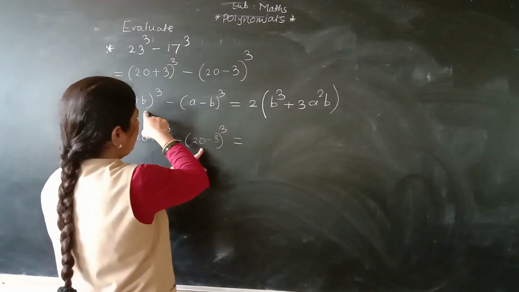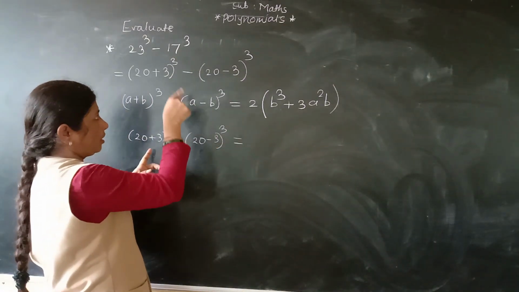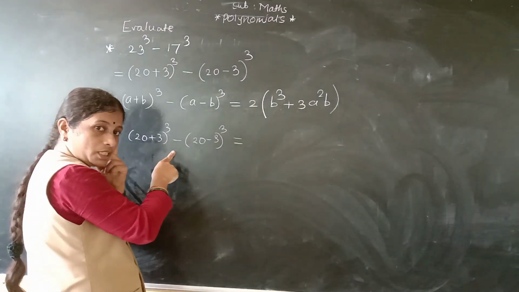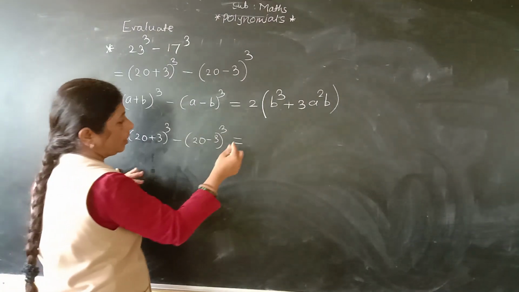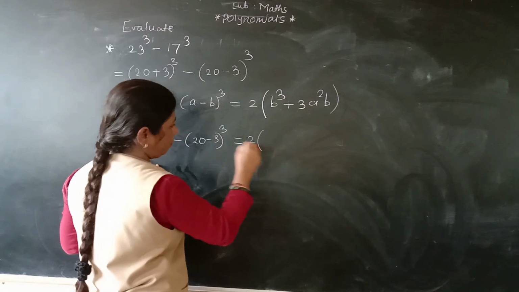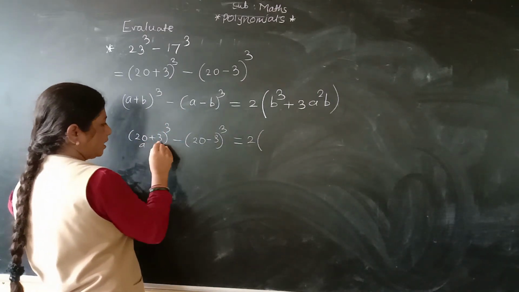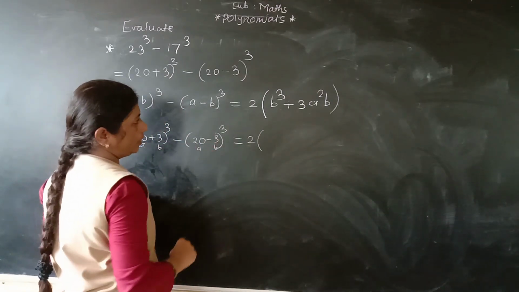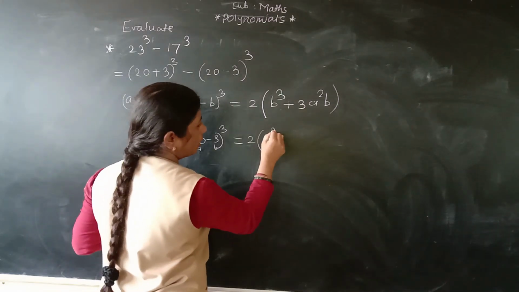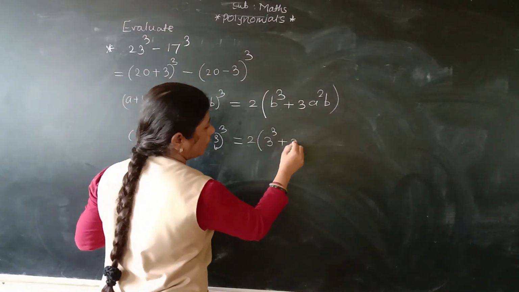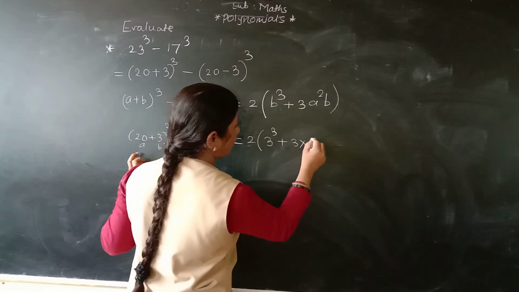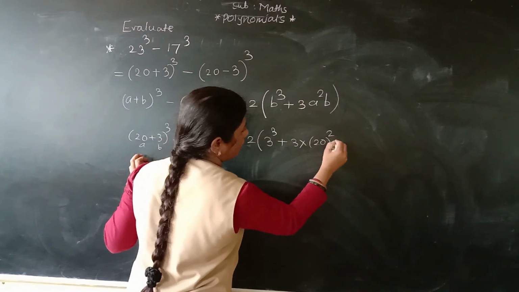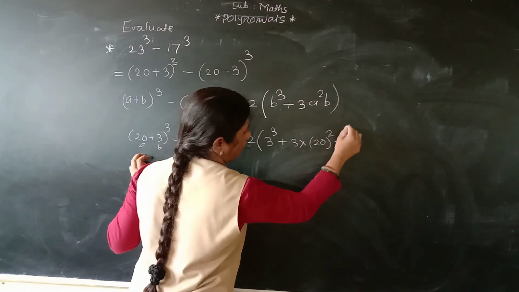Okay. So here we have brought this form number into this form. Then here 2 in bracket b cube. B cube means what? This is a, this is b, a and b, right? So b cube means whose cube? 3 cube plus 3 into a square. A square means whose square? 20 square, into b, which is 3.